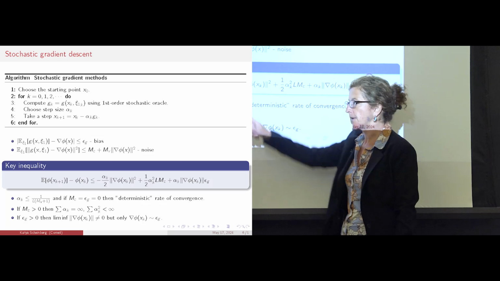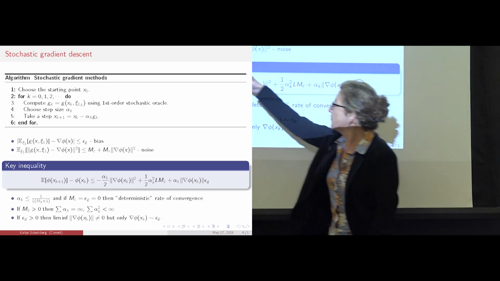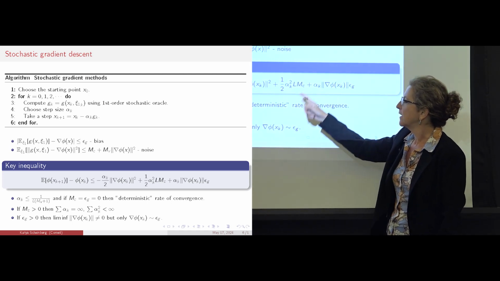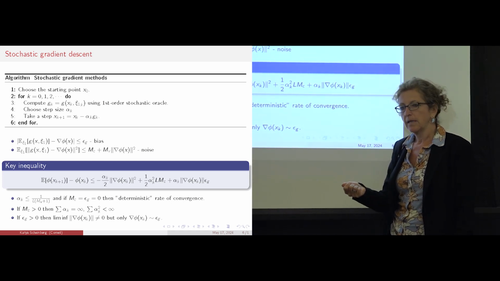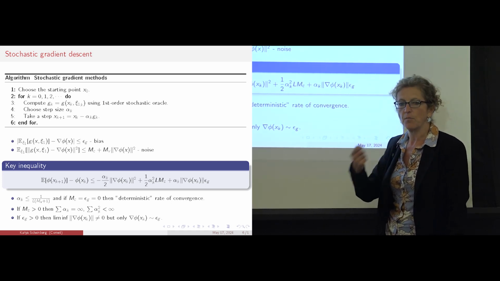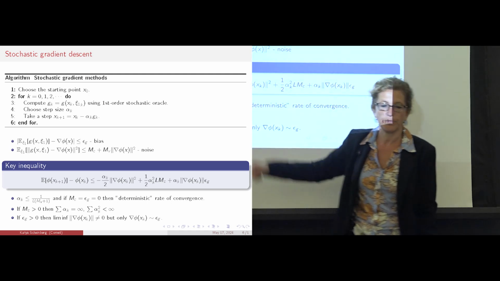It will come up. So if I only have relative error on the gradient, even though it's stochastic, I can have deterministic behavior of my algorithm, except for my convergence rate. My step size is going to be just smaller, so my convergence rate is going to be smaller, basically proportional to this.